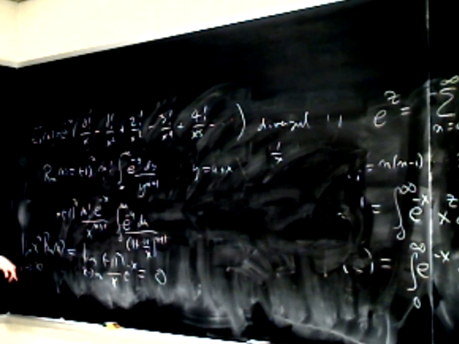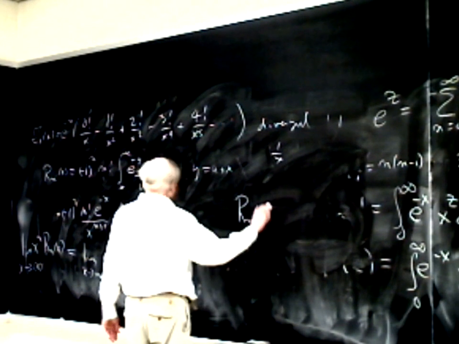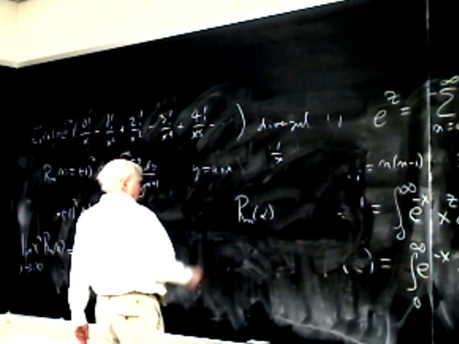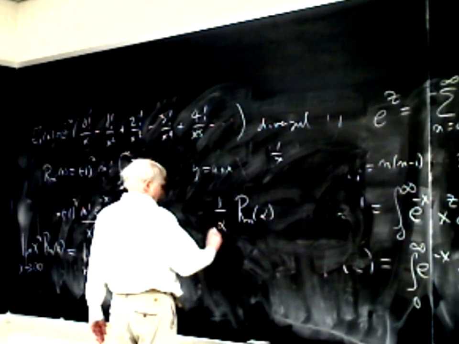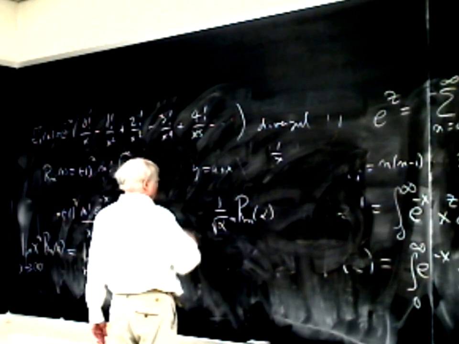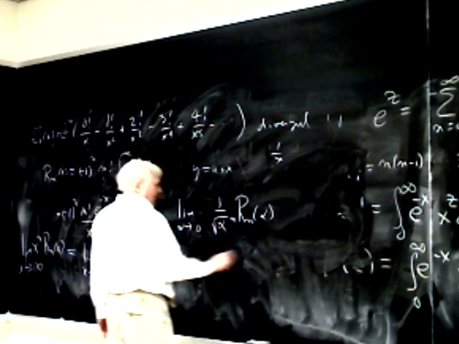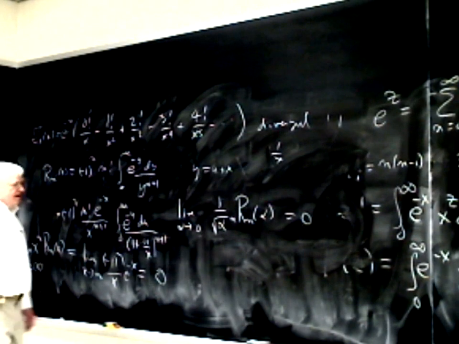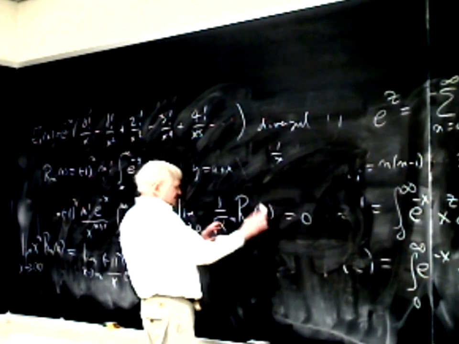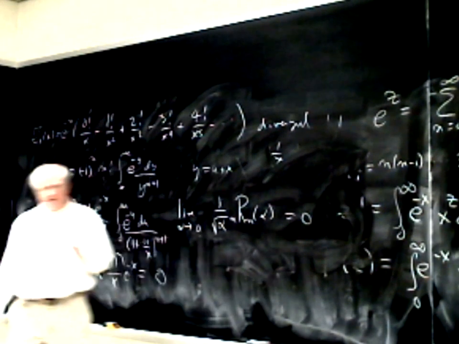So we put this in physics language. What we would be saying is the error, say Rn of alpha, times 1 over the square root of alpha to the n, in the limit alpha going to 0, would be 0. So in other words, this error, even when magnified by this factor, is still 0 in the limit.